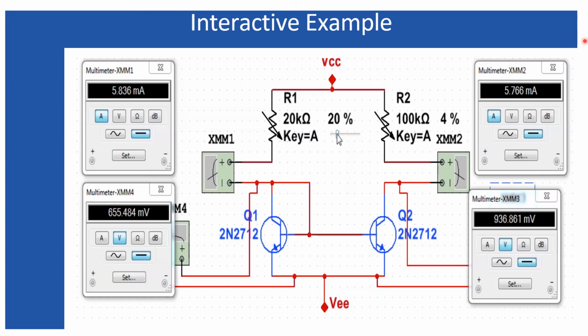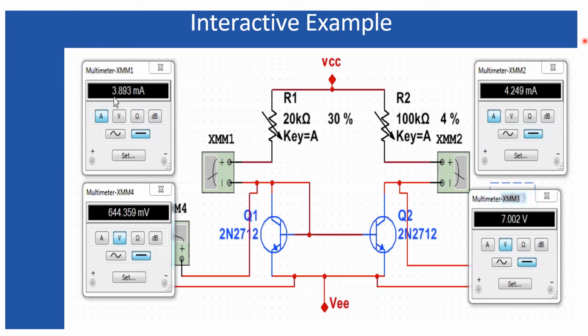What should we expect? The variation of this resistor will vary this current, and since this I naught current is the copied version of the reference current, this current also will vary. Let's see. First of all, I varied it by 30%.